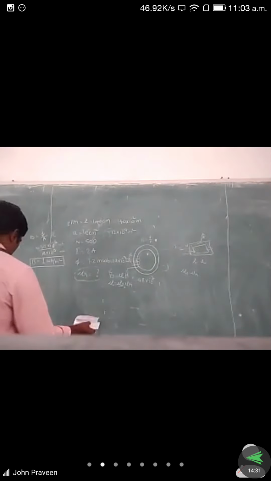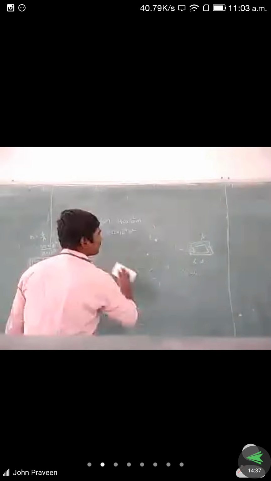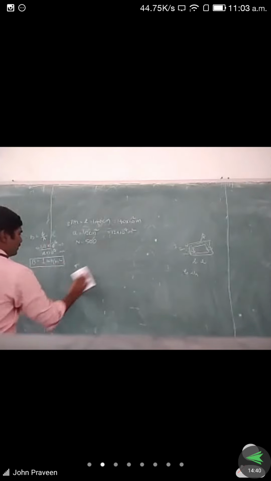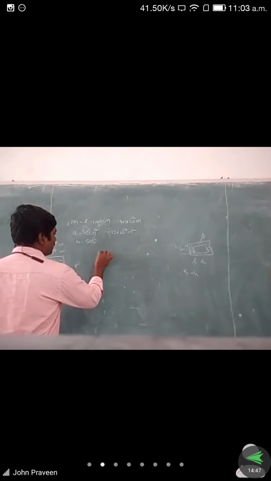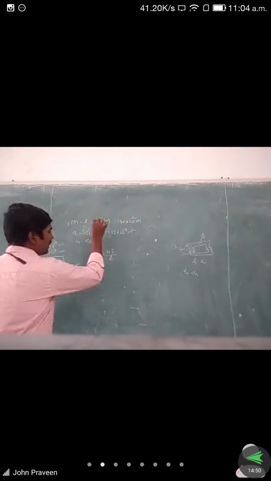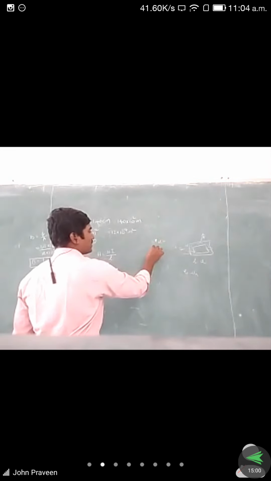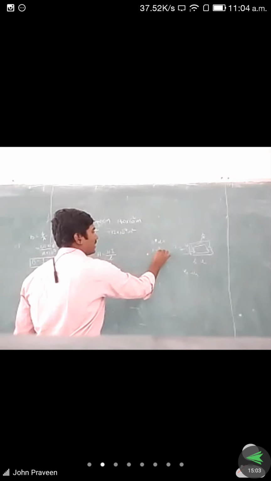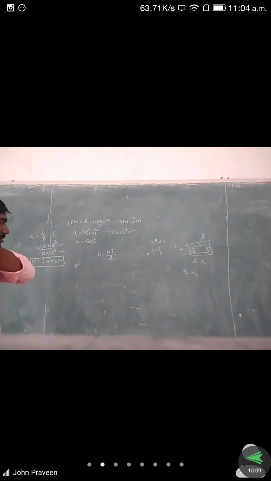In the last section we discussed that in the case of ampere turns, H is equal to Ni by L. This is the formula we are using here.